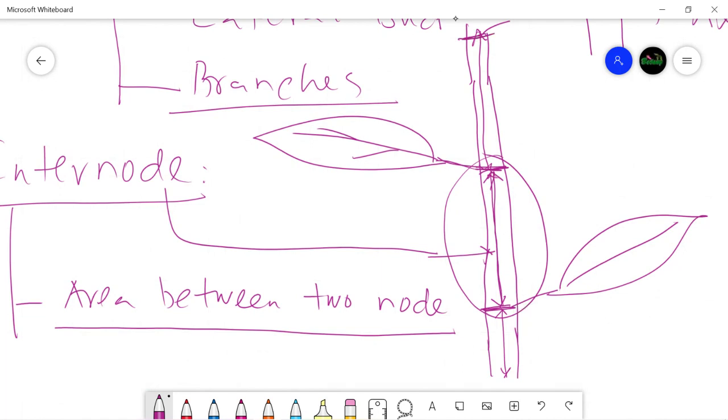This is a node and this is a node, and although there is a node in between, this is somewhat misleading and not very precise. So if we add the word consecutive or successive, it clarifies the ambiguity and there is no confusion. Successive nodes, one after the other. So the area between two successive or two consecutive nodes is known as the internode.